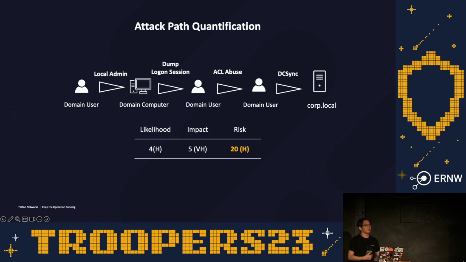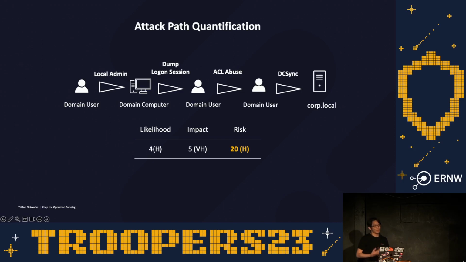And we can define multiple attack paths, compare their values, and prioritize our work on the attack paths. So for this example, let's assume that this attack path had the highest value in this risk assessment project, which is 20. The next question is that we're seeing multiple vectors inside this path.